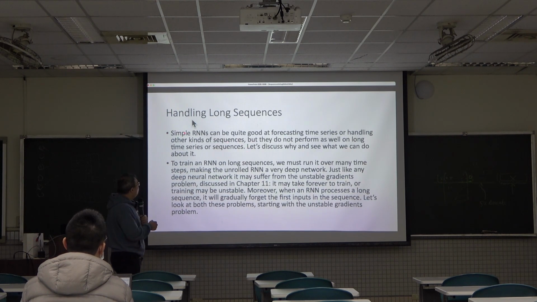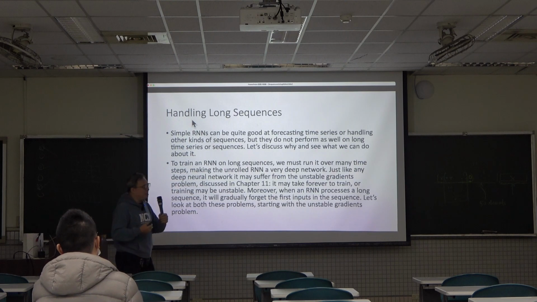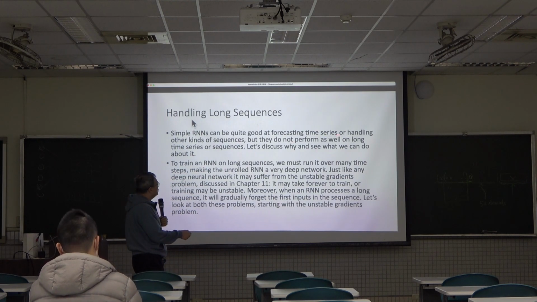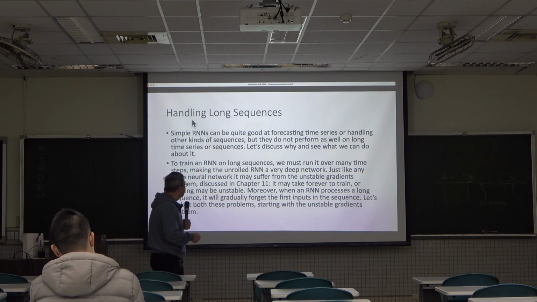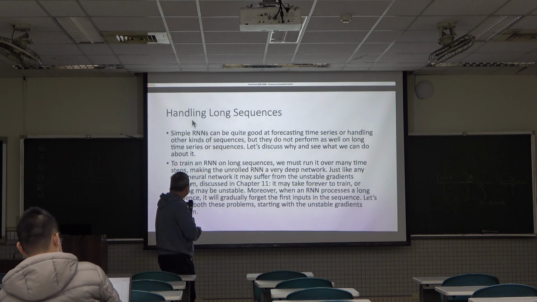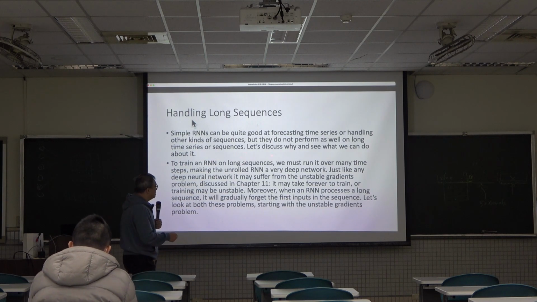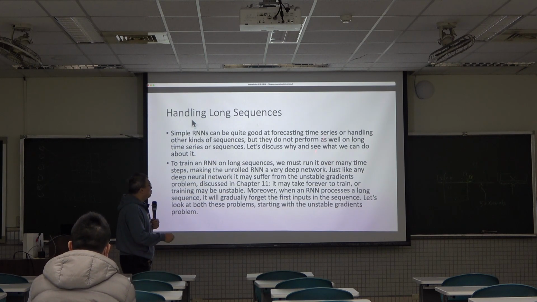For example, when it comes to forecasting time series or handling other kinds of sequences, RNNs are used for that purpose, but they do not perform well on long time series or sequences. Why? First, to train on a long sequence, we must run it over many time steps, making the unrolled RNN through time a very deep network.